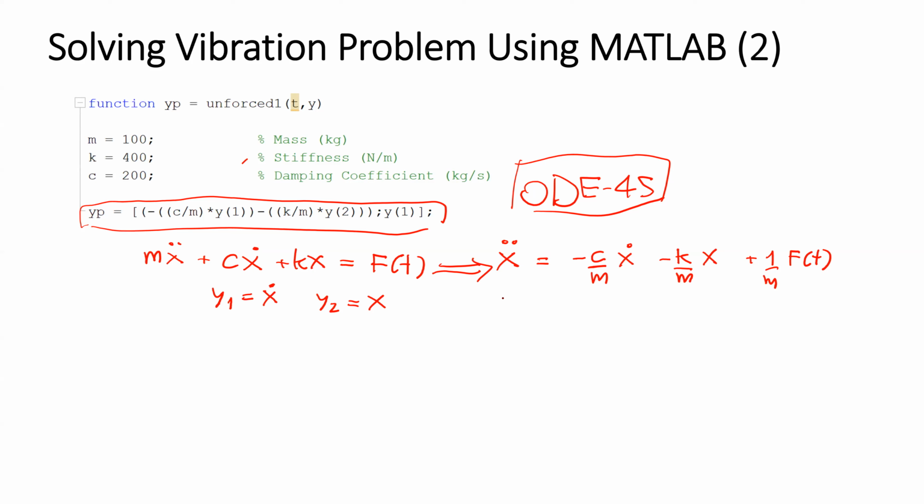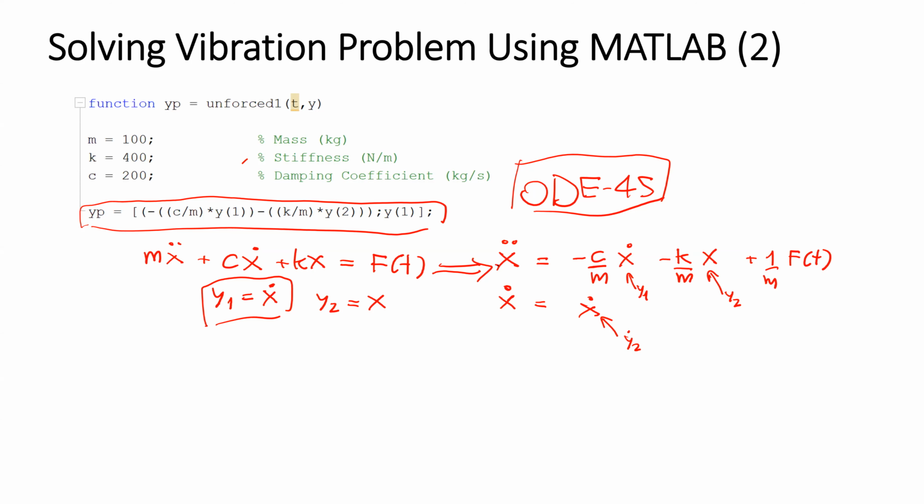And another one is x dot is equal to x dot. Y1 is equal to x dot and y2 is equal to x. This one is y2 dot. What if I want to write this in a matrix form?